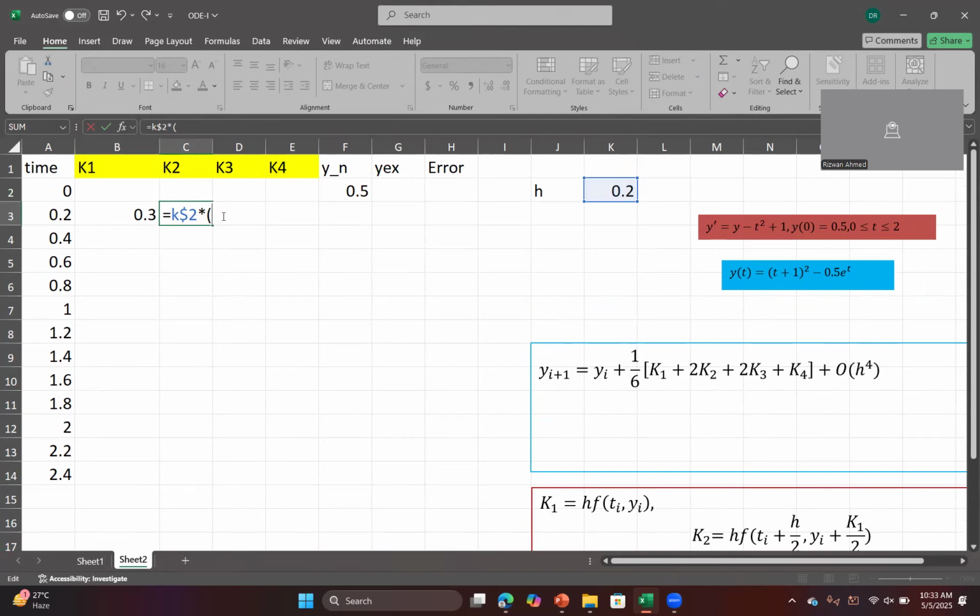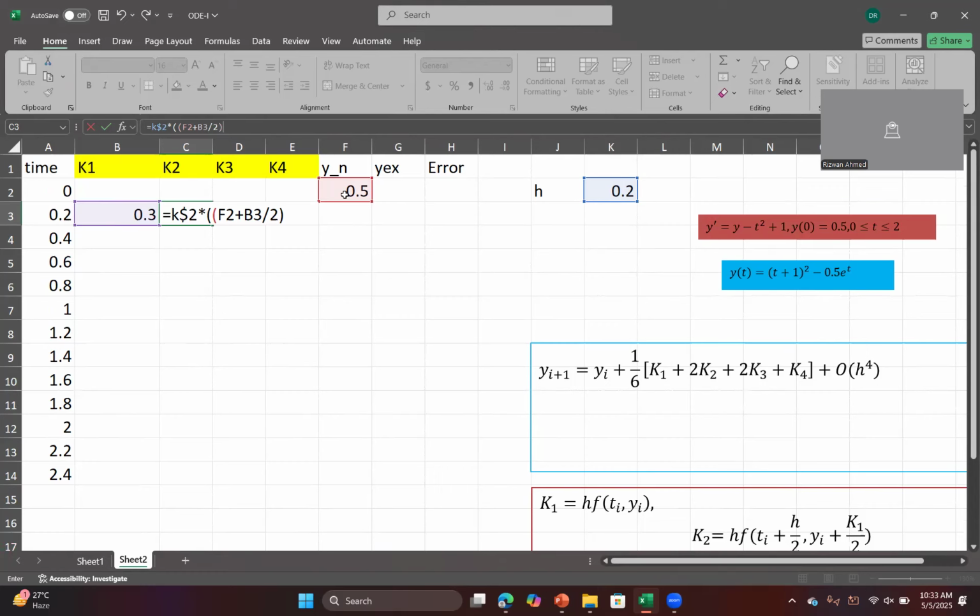So I write for y, with the parentheses, the previous value of y plus k1 by 2.